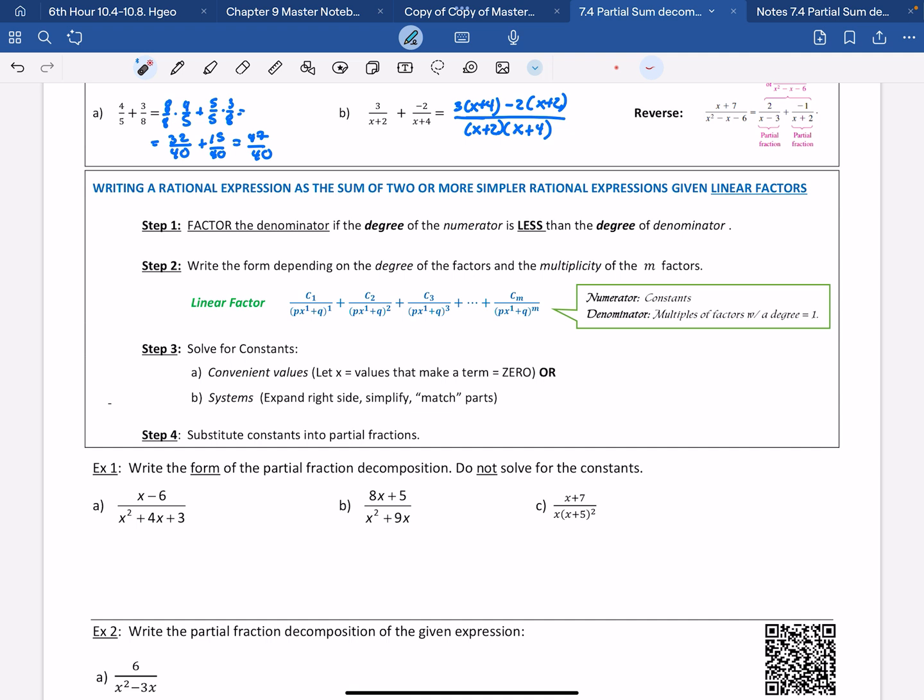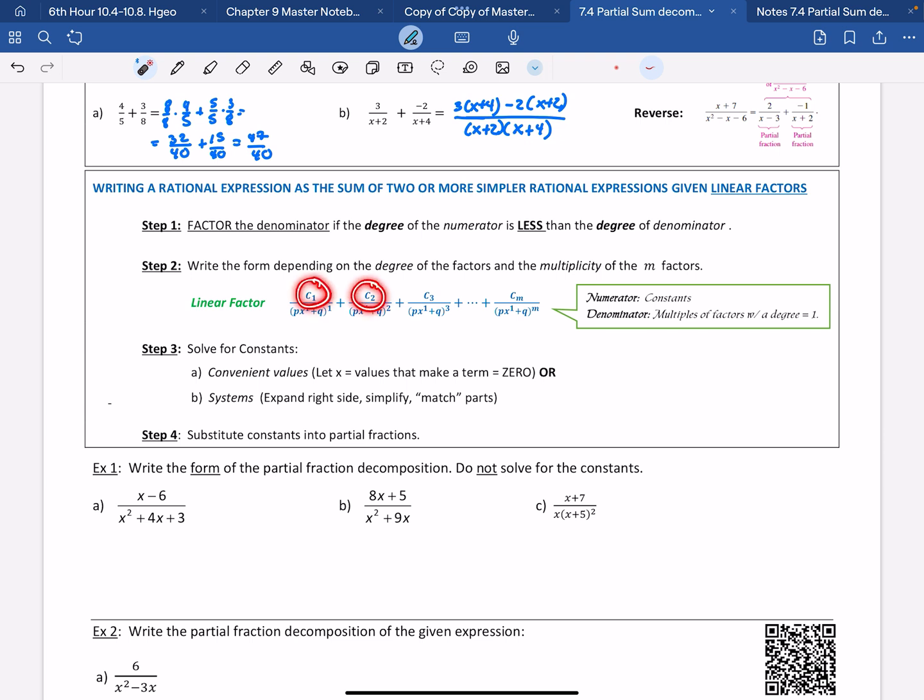So you would have that repeated, and we're going to show you many examples of that as we progress if we have multiple factors of the same one. On the numerator, you're going to assign a constant variable. We typically use A's and B's and C's for the numerator.